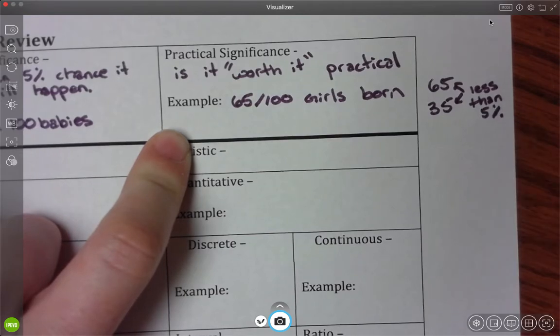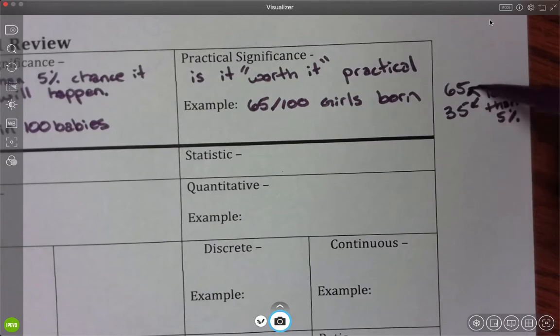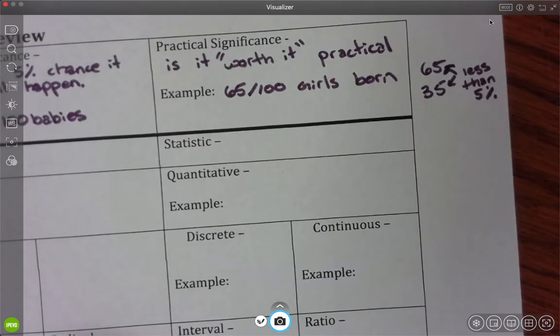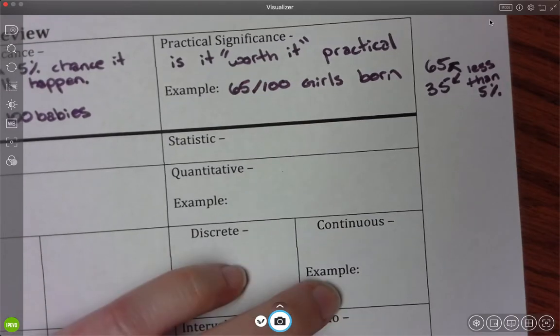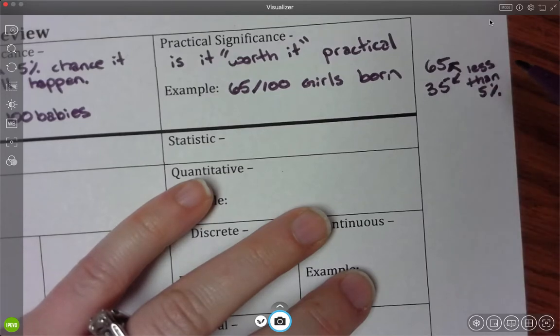Okay, but if somebody would offer me a pill right now because I'm pregnant, saying this pill will give you, 65 out of 100 times it gave them a boy, 35 out of 100 times it gave them a girl.